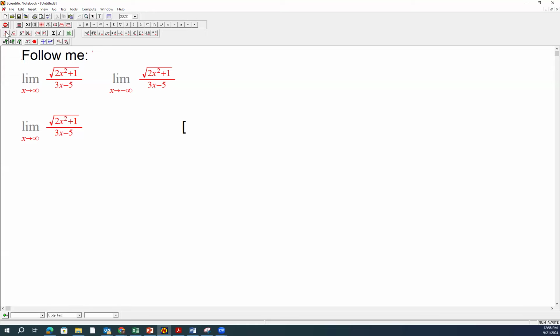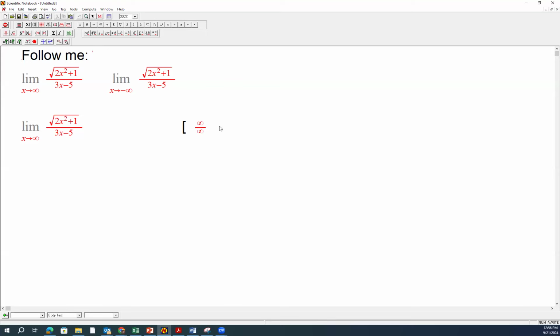On the scratch paper, I'll be thinking: as x approaches infinity, the numerator 2 times x squared is going to be large, 2x squared plus 1 is going to be large, and taking the square root is still going to be infinity. So we got an infinity over infinity.